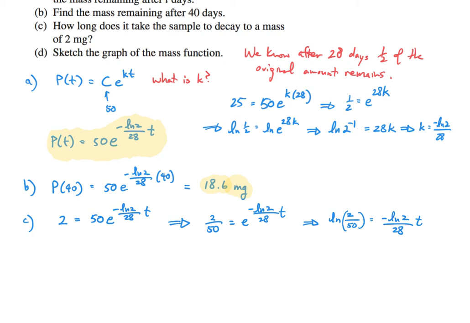And then I am going to multiply both sides by 28. So I'll have 28 natural log of 2 over 50. And then I'm going to divide both sides by negative natural log of 2, and that will be equal to t.